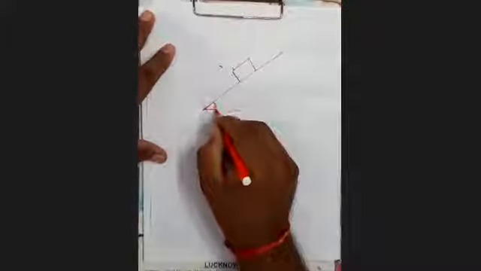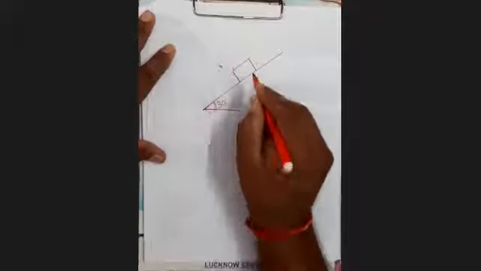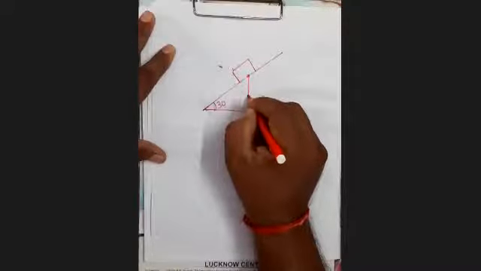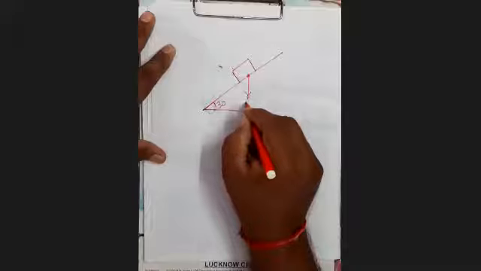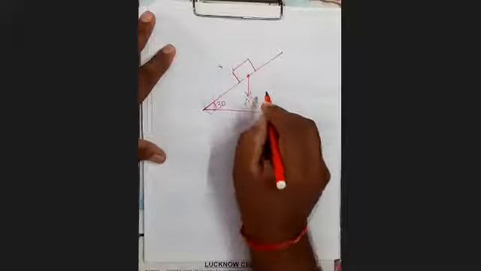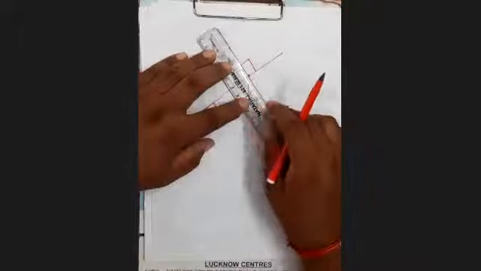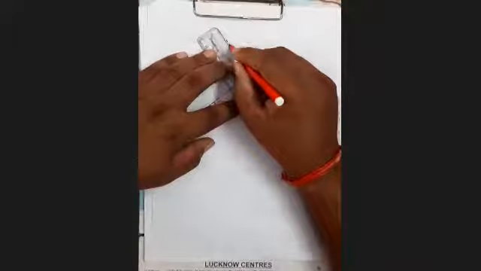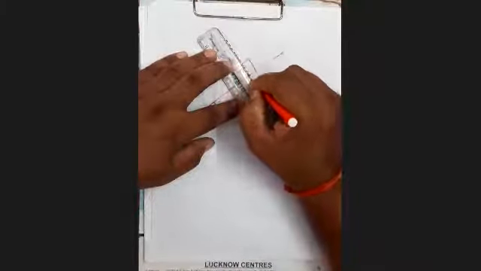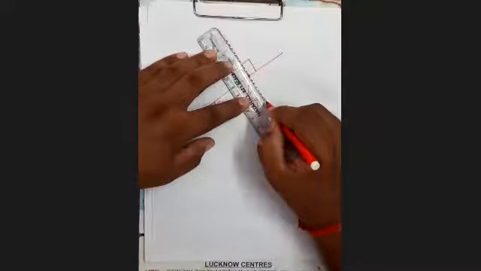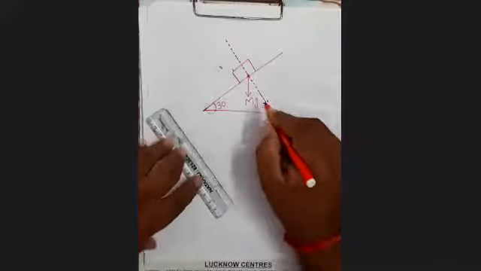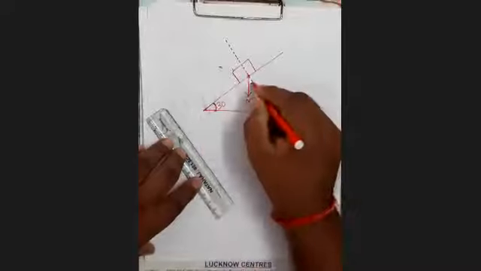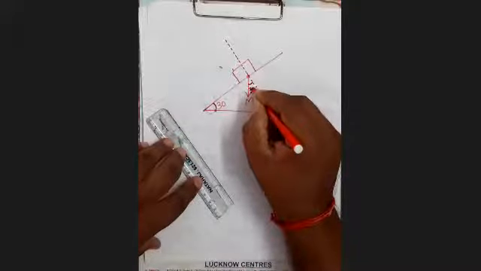Now this angle is given as 30 degrees. Its weight will act vertically downward, m into g. We can resolve mg into two components, one along the incline and the other normal to the incline. This angle is 30, therefore this will also be 30 degrees.